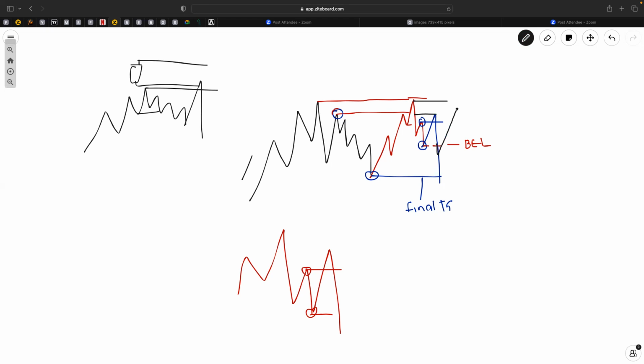It doesn't make any sense anymore. So you rather let it stop you out at break even, and even if it wants to go your way to break structure, then you can enter again. So why panic? I come again. This is your final target, which is the bigger external liquidity. And this is your break-even level, your smaller external liquidity.